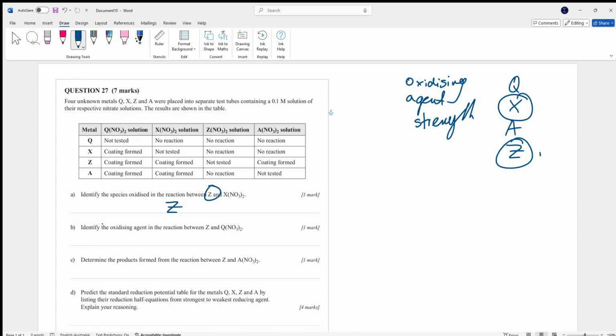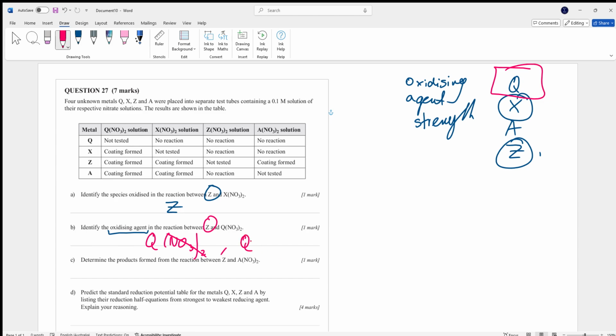B. Identify the oxidizing agent. That's a different word to oxidize, in the reaction between Z and Q. The oxidizing agent is which steals electrons the most. Between Z and Q, Q is the strongest. So Q is the oxidizing agent. Now you could probably put it like that if you wanted to, but I would put the ion form, because that is a spectator ion.